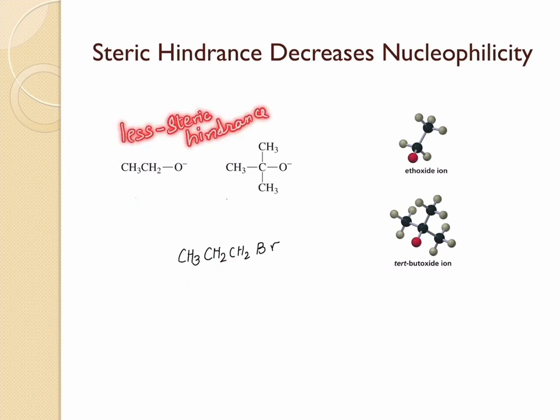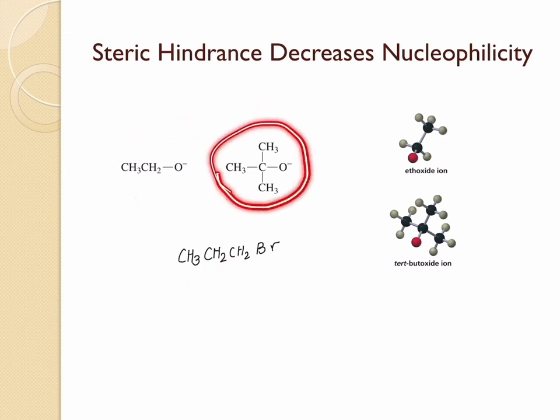Whereas if we are going to take tertiary butoxide, the tertiary butoxide is already bulky, right? So it will be hard for it to go and approach this carbon, this electron deficient carbon, from the side that's opposite to that of the leaving group, and therefore the reaction rate is going to be considerably decreased because of the bulkiness of the nucleophile.